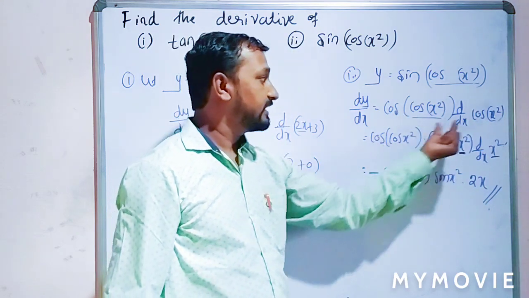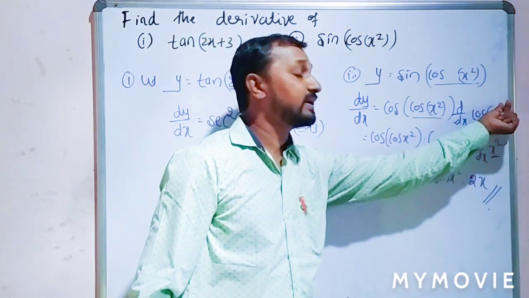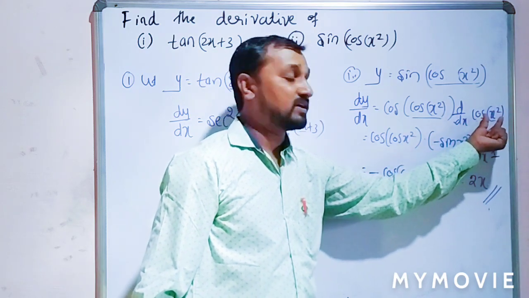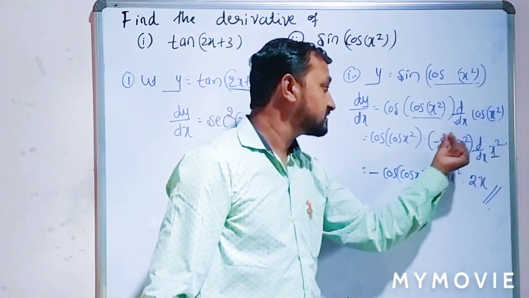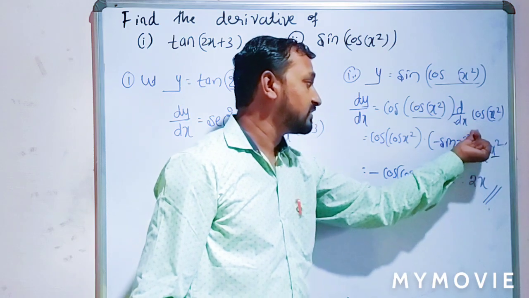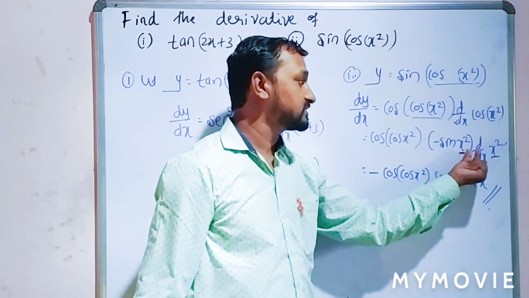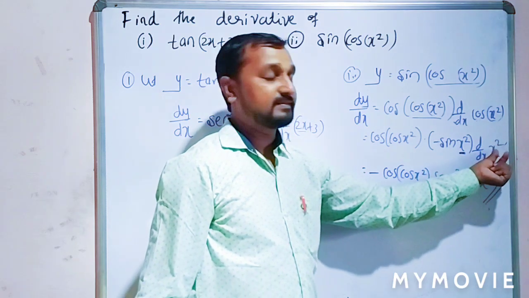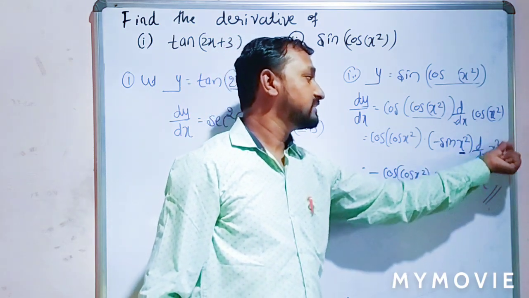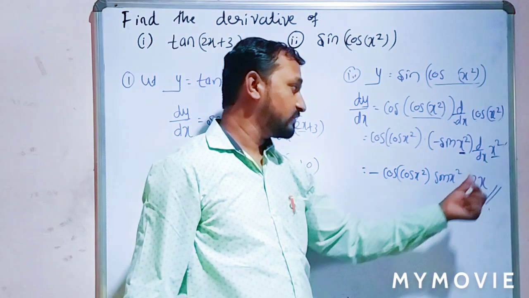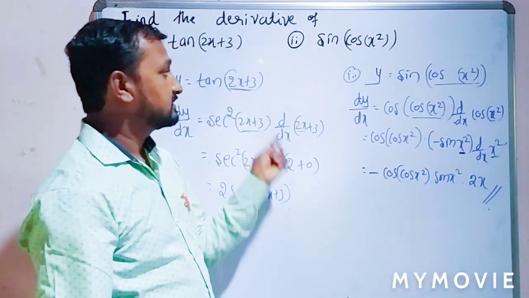There is no change. Here also, a combination of two functions. The derivative of cos x is minus sin x. Instead of x, what is there? x square. Again the derivative of this composition function, the derivative of x square. This is one single polynomial term. Then the derivative of x square is 2x. It is clear that this is the procedure.